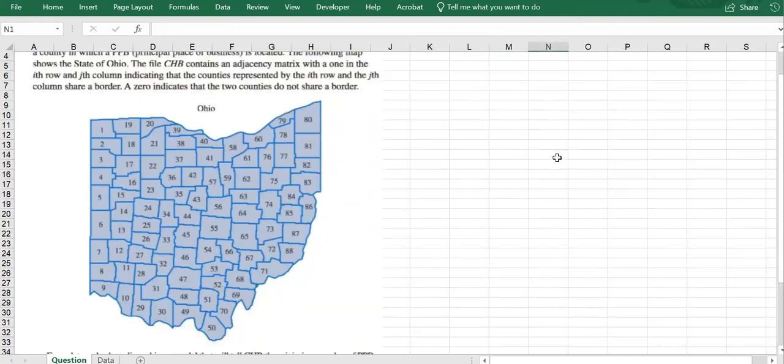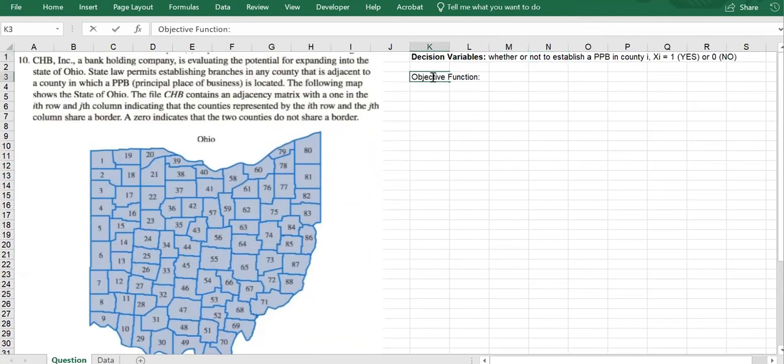So the objective function is to minimize the number of PPBs, and the number of PPBs is going to be the sum of the decision variables.